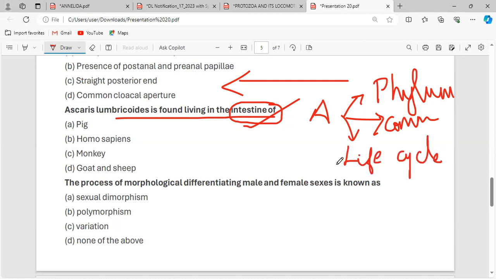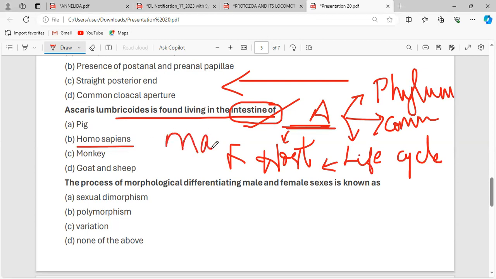To complete its life cycle, how many hosts are needed? Is Ascaris monogenetic or digenetic? If it is monogenetic, what is the name of the host? Of course, it is man. Only one host is involved in the life cycle of Ascaris. There is no intermediate host. Homo sapiens is the biological name for human beings. These are all the things you have to remember.